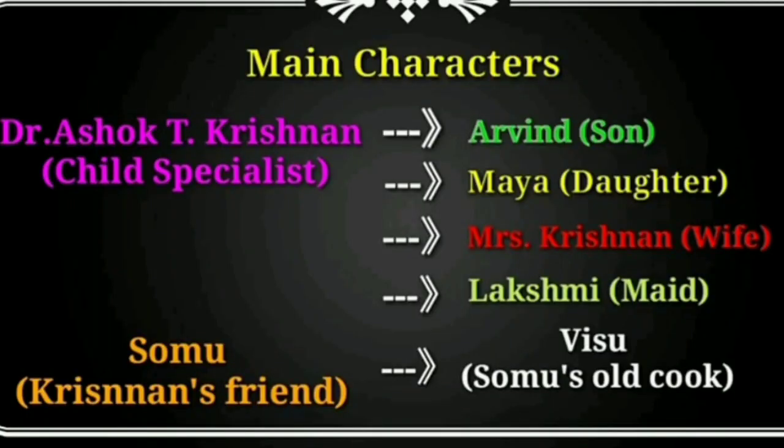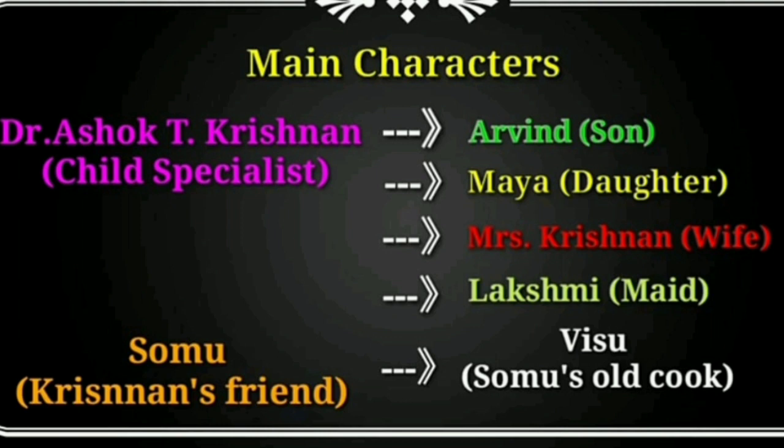The first character is Dr. Ashok T. Krishnan. As I gave the word doctor before his name, you may understand that he is a doctor by profession. Particularly, he is a child specialist and he is running a clinic.